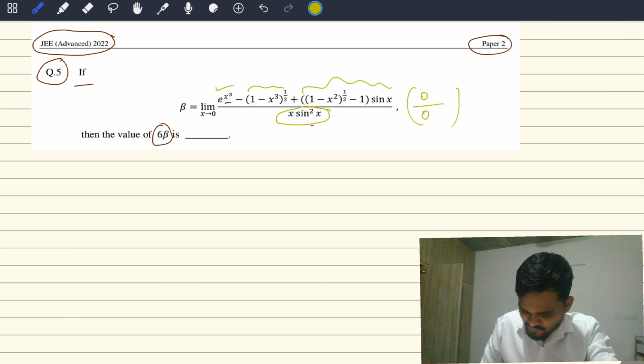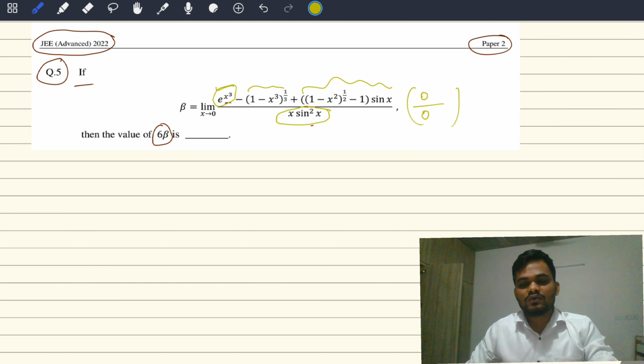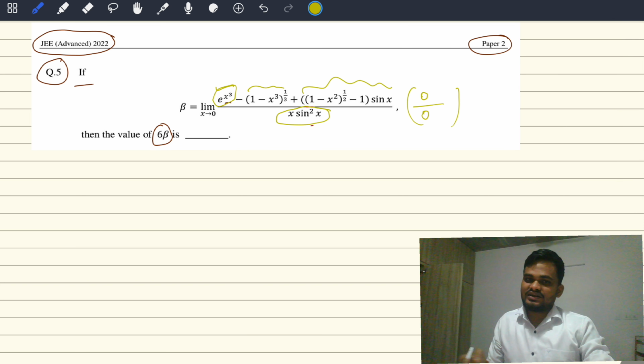So another good method is using the Taylor series expansion. In order to use it, we need the expansion of e to the power x and the expansion of sin x. You know, a Taylor series expansion is an infinite series, but we don't need infinitely many terms.